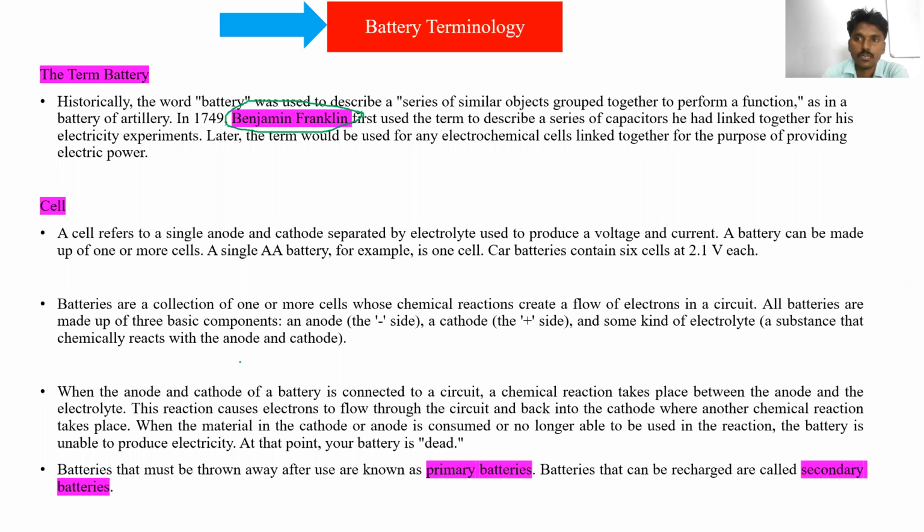When the external circuit is connected between the anode and cathode, some chemical reaction takes place between the anode and electrolyte, and then electrons will be released through the external circuit. These electrons will enter into the cathode, like you can see here.